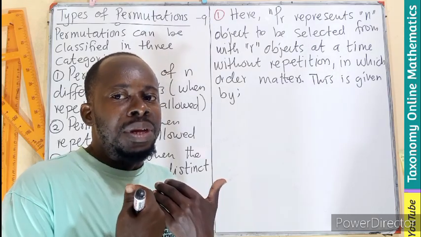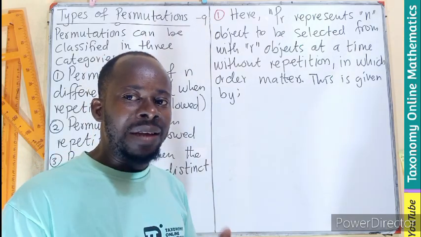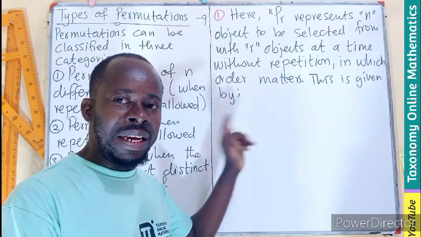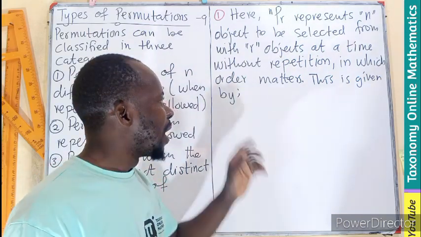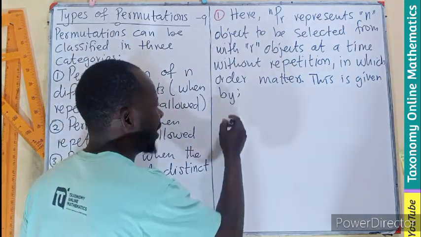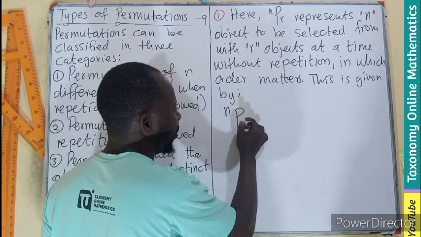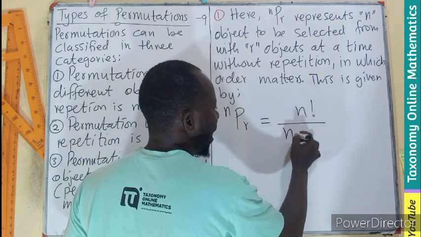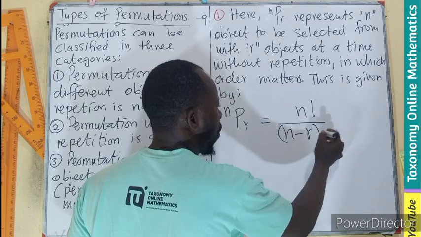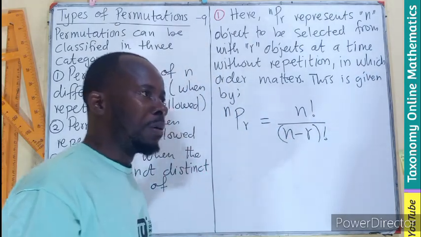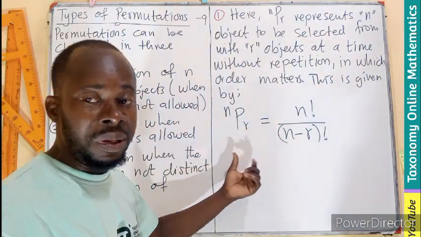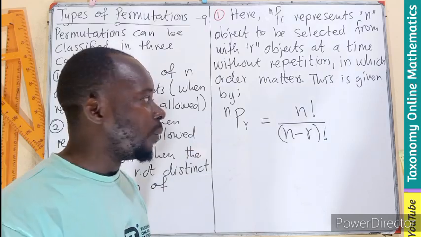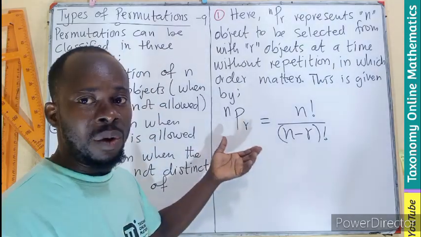But when it comes to combination, AB is the same as BA. So order in this case is different. Now, this will be represented by n permutation r equals n factorial over n minus r all factorial. Remember, how this formula came about is in the first episode, where we derived it. So this is what we are going to have.